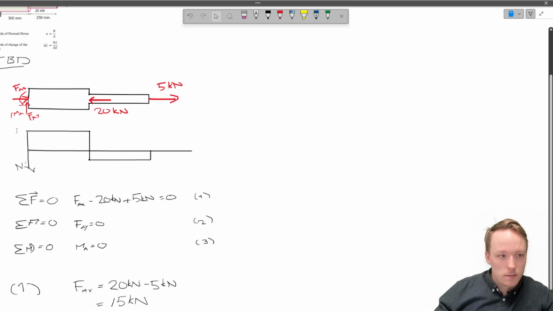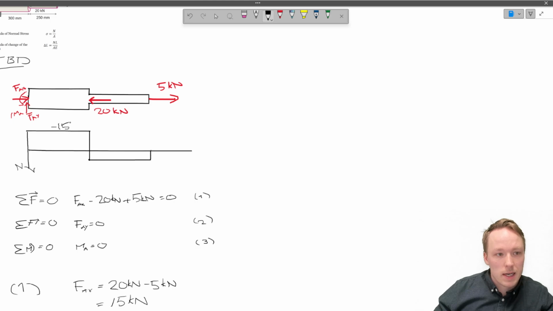Let's draw it in here. Let's take the pen. So we are at minus 15. So we are compressing, and therefore the normal force is minus 15 kilonewtons, like that. So we can mark here also minus.